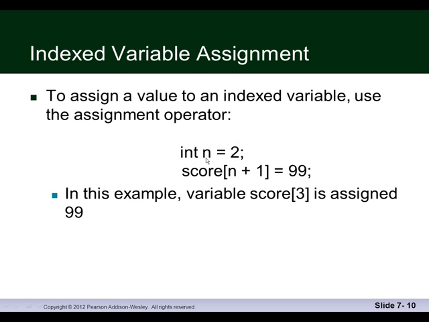In this case, I'm using n equals 2, and I can use n plus 1 inside the bracket. Remember, this has to be an integer. It cannot be a double, it cannot be anything else. So n plus 1 is going to be what? 3. So I'm going to put 99 in index 3. Index 3 is what number?